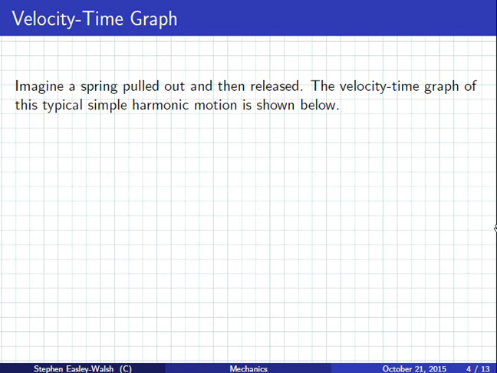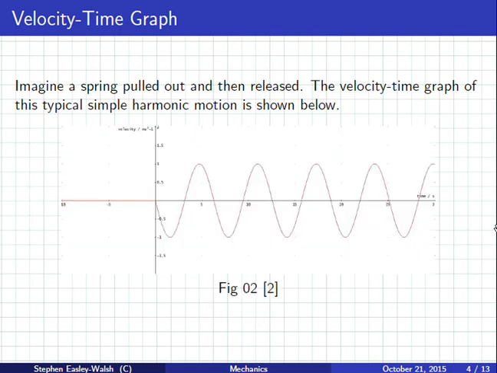So I have the spring, I let go. Faster, faster, faster, slow, stop. Up, like this. So if you were to look at the graph, this is the time velocity graph.